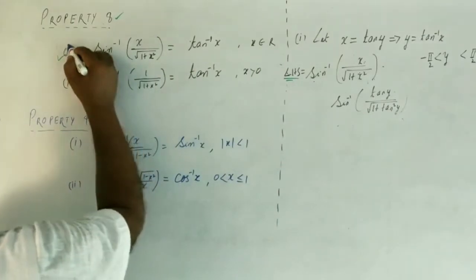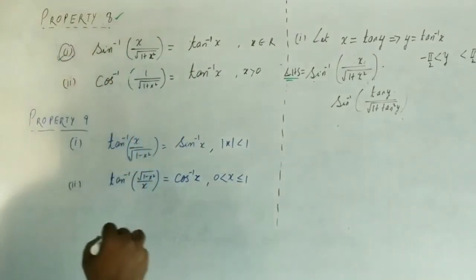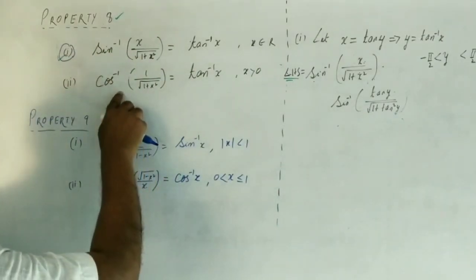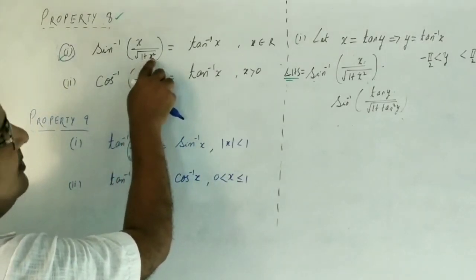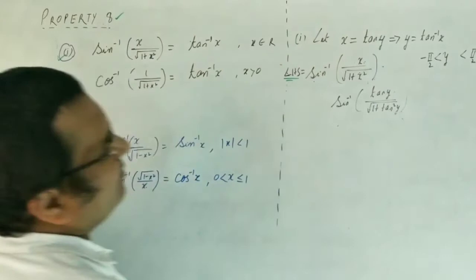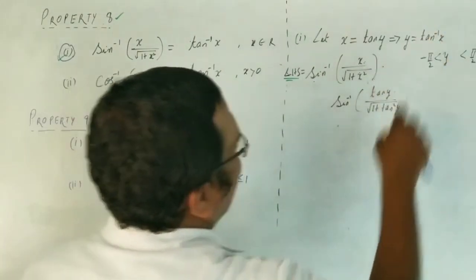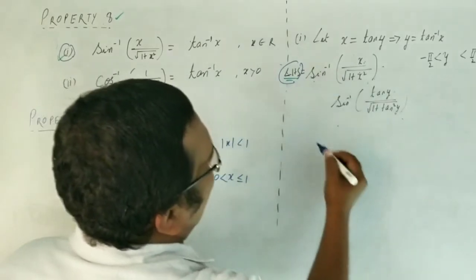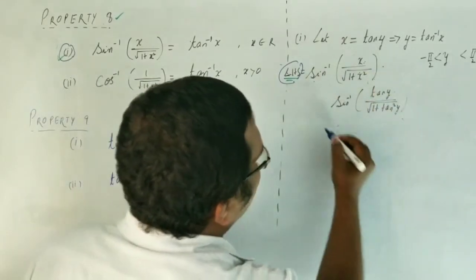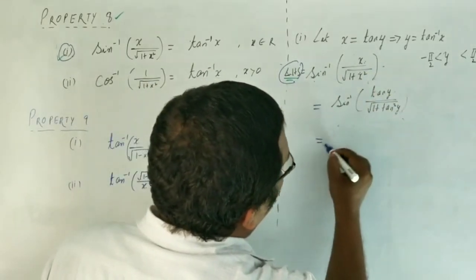Property 8. I will prove the first one and then you will try this on your own. We know 1 plus tan square is sec square. So I will take x as tan y. So y is tan inverse x. So left hand side, LHS, I will write this and replace x with tan y. Here what I get?